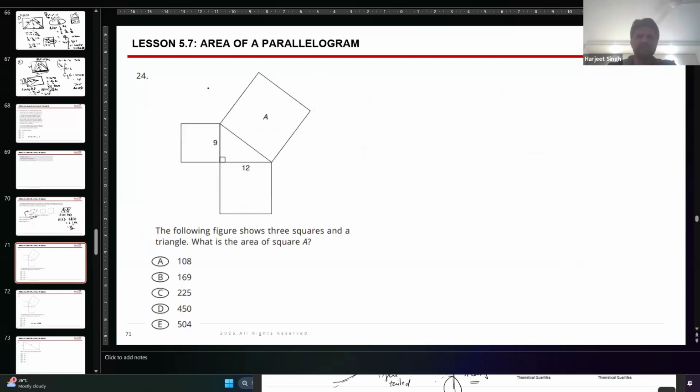Question. The figure shows three squares and a triangle. What is the area of square A? So what is the area of this? Now, if I factorize 9 and 12, can I say these are the legs of a right angle triangle? So clearly the Pythagoras should be used, or the triplet. 9 and 12, can I write as 3 into 3 and 3 into 4?